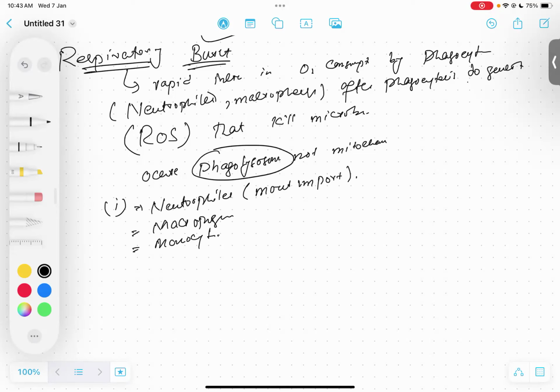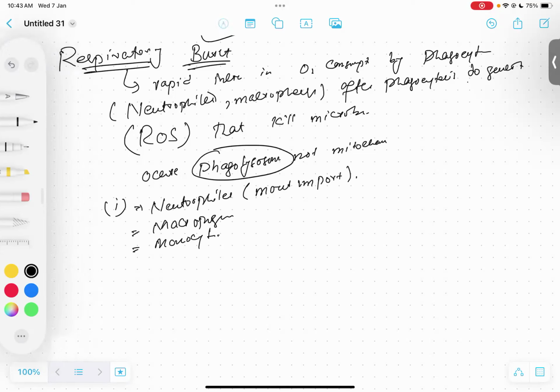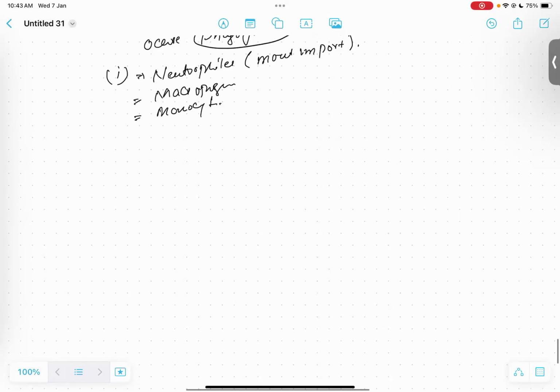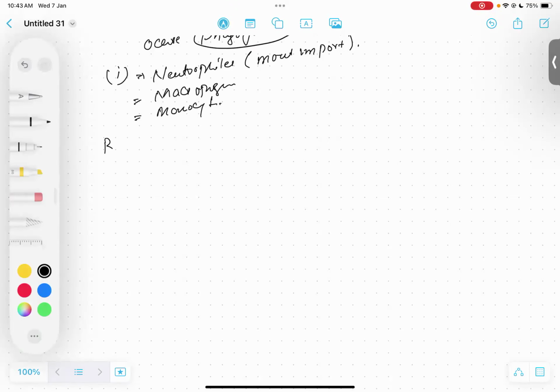The stepwise mechanism of this respiratory burst is: first, the bacteria is engulfed. After engulfing, it is converted into a body called a phagosome, and when this phagosome fuses with the lysosome, it is called, can anybody tell me?